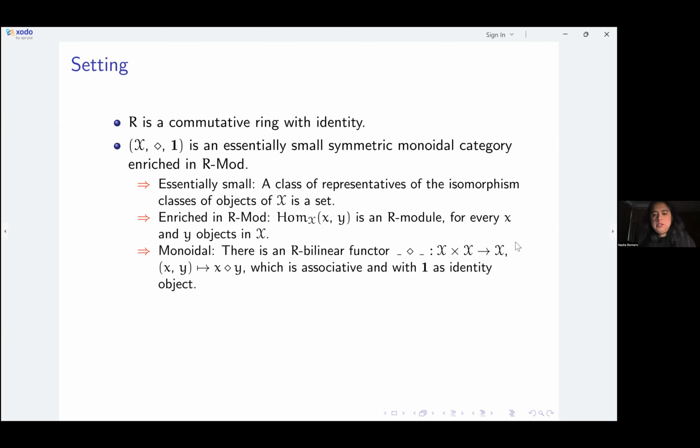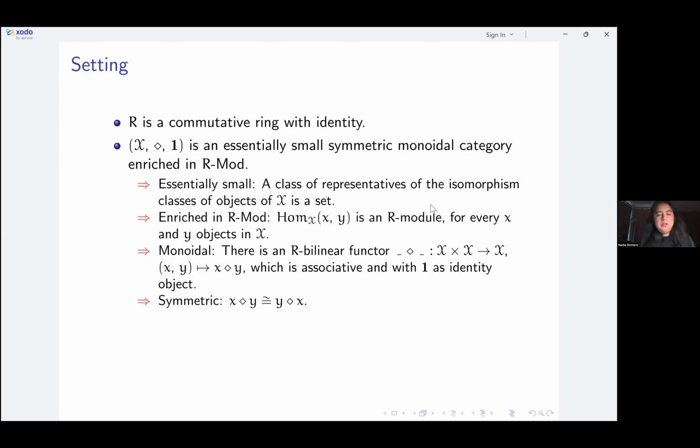And of course, the identity behaves as an identity, tensoring by one gives us essentially the same object we had before. But we also ask for this product to be symmetric. This means essentially that this tensor product is commutative, let's say. Then again, it's more than this, but the main ideas are this. So we have everything: essentially small, symmetric, monoidal category enriched.